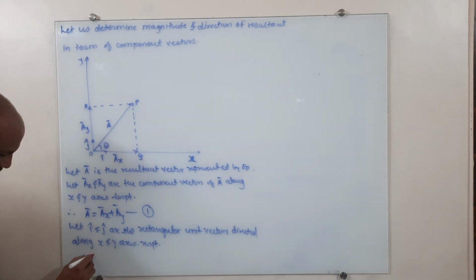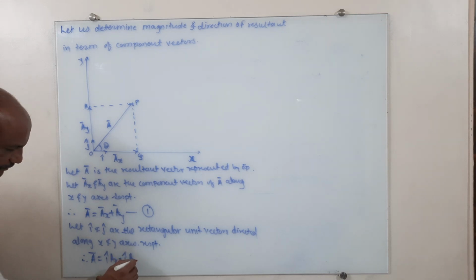Therefore, A bar is equal to i Ax plus j Ay. Equation number 2.